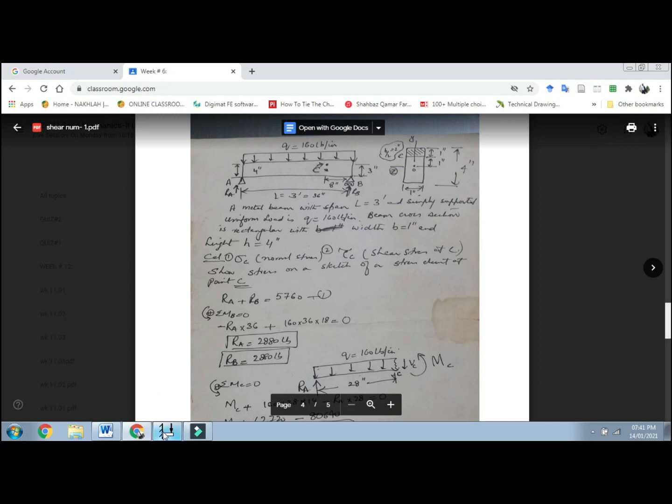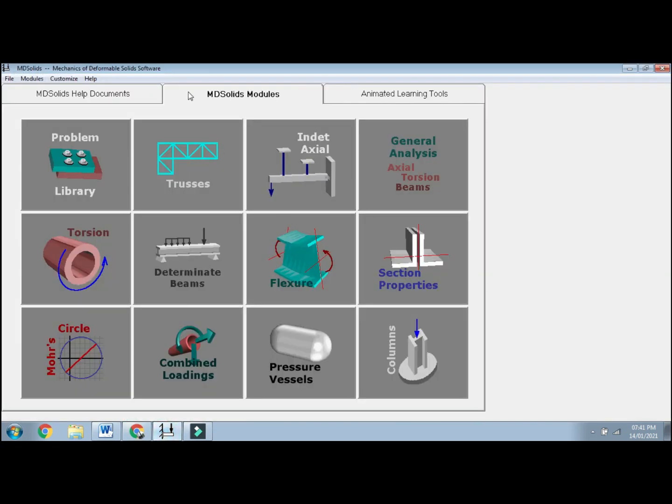So here we open this software, and it is called MDSolids, the mechanical design software. It's called MDS or MDSolids, precisely speaking. It has got a different array of modules and sub-modules built into it. Like if you want to perform truss analysis, you can calculate the unknown forces.